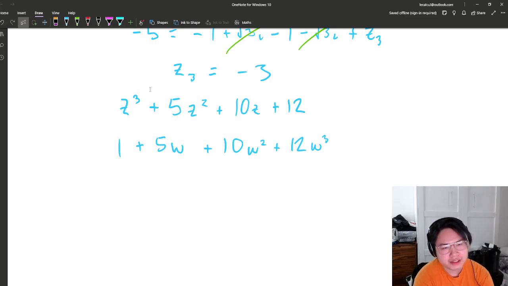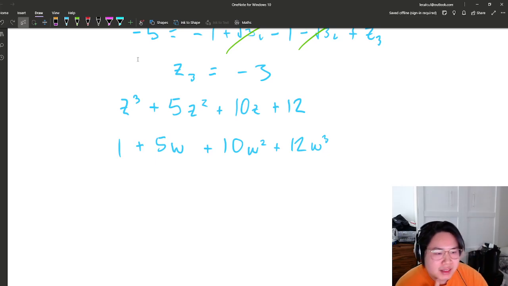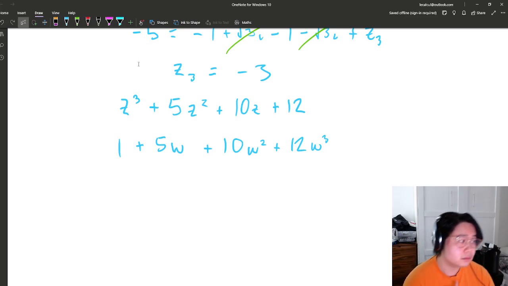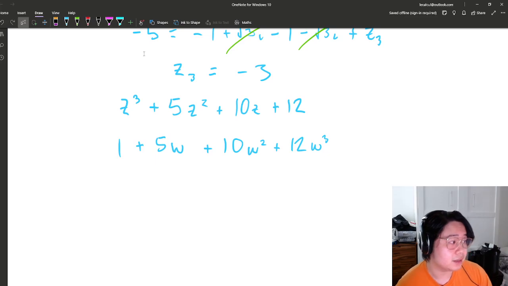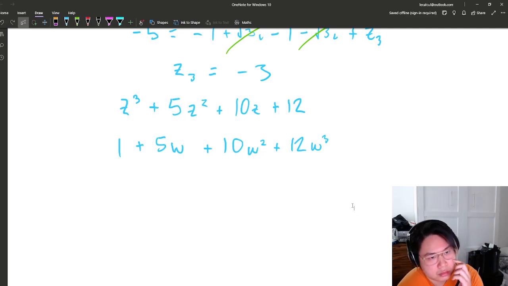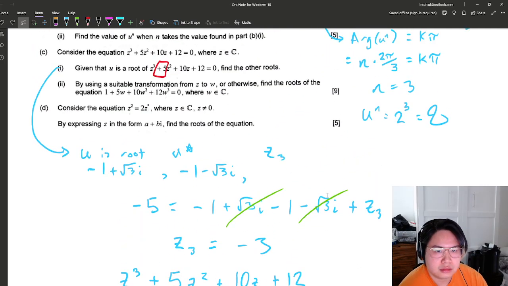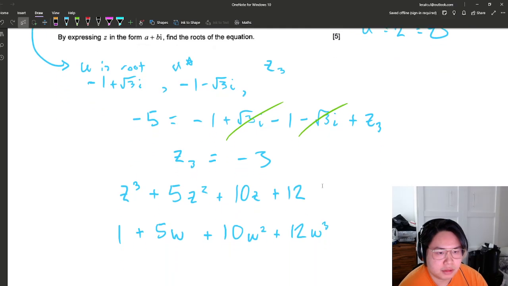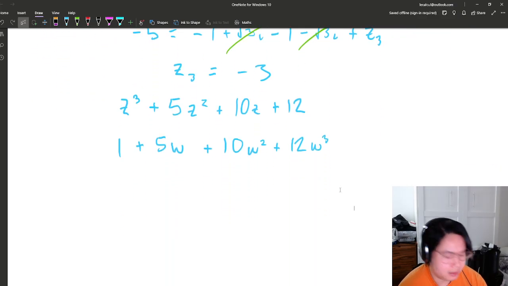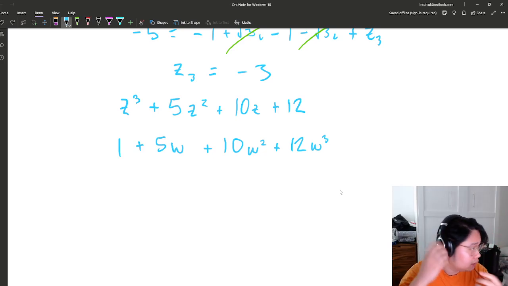Is there a transformation you can do? I mean, there must be because they're saying it. But this is kind of giving binomial expansion theorem vibes. Because essentially what happens is you have the same coefficients, but instead of descending powers of z, you have ascending powers of w. Can I use the... And I know the roots. Okay, I don't think this is how you're supposed to do it, because I don't know what they mean by transformations, to be honest.